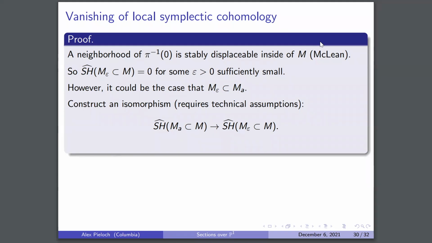Namely, you need some coisotropic assumption for where these intersect. In general, if you just take some small balls, this condition gets broken. In fact, if you could always do it for small balls, you would say that the local symplectic homology of every space would always vanish, and eventually you get quantum homology, which is not 0.